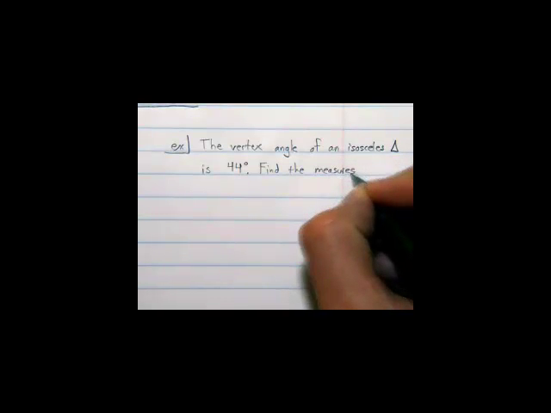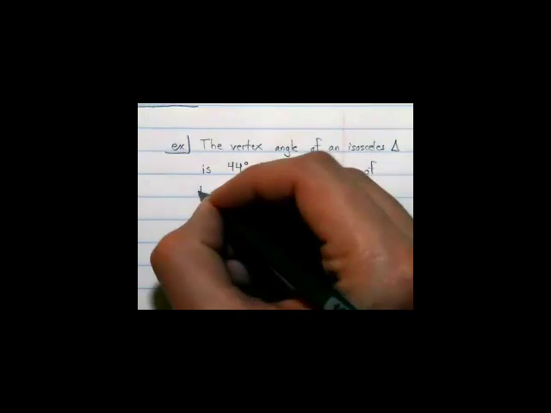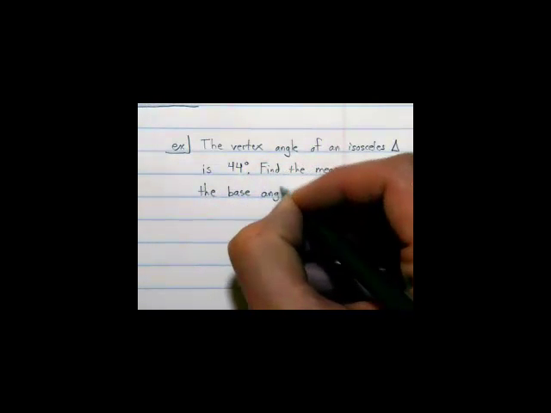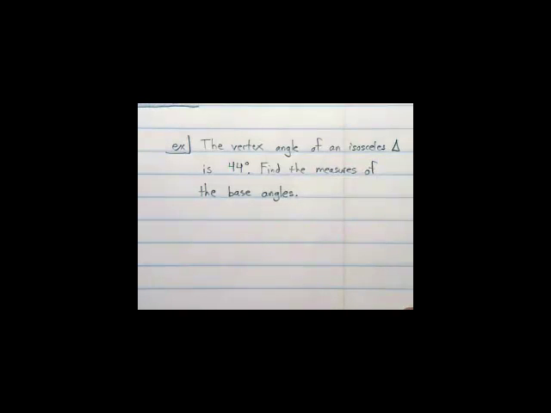Find the measures of the base angles. So based on what we just talked about, how do you suppose you could go about doing something like this? If you know the vertex angle, how do you find the other two base angles?